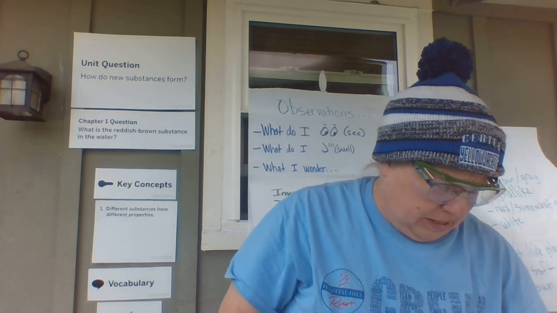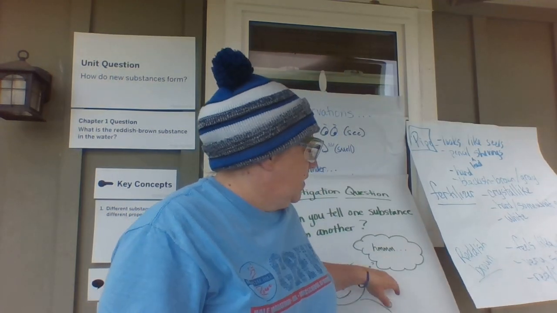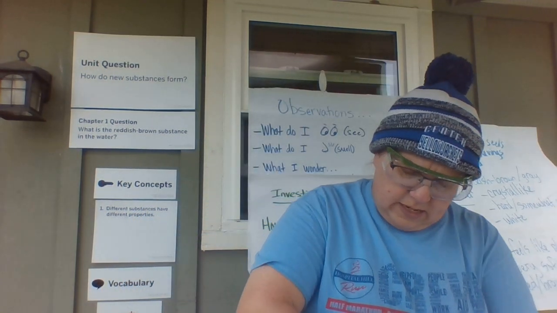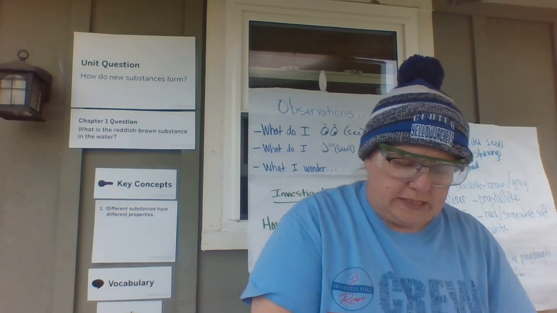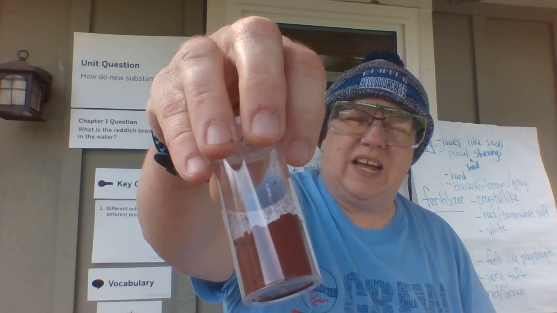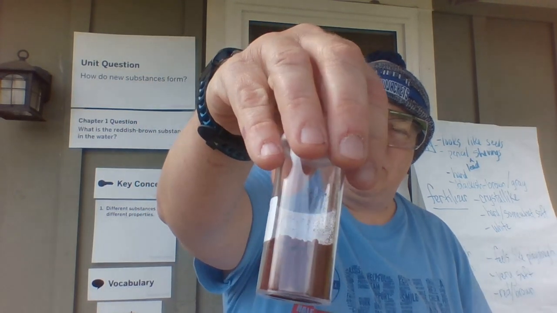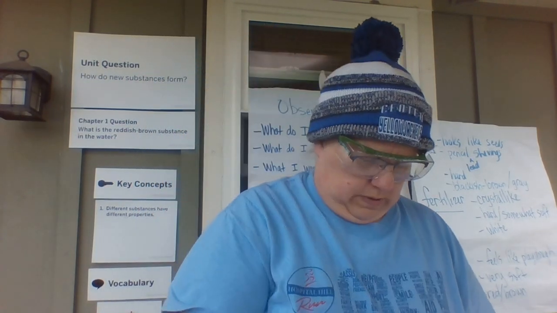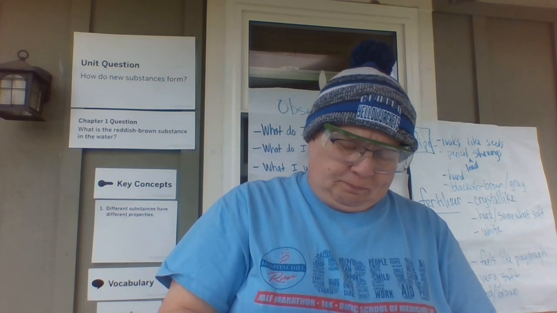That just looks like regular well water, or even regular water from the pipes. Okay. We also had an opportunity to look at a couple of different samples. We looked at our reddish brown substance. She had collected some samples from different areas.